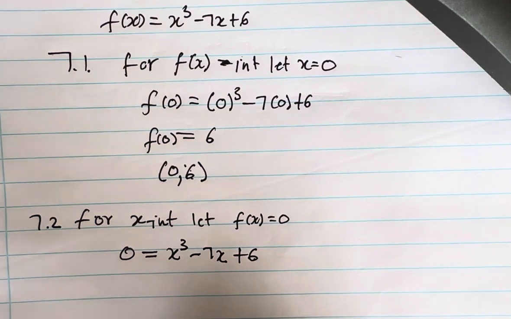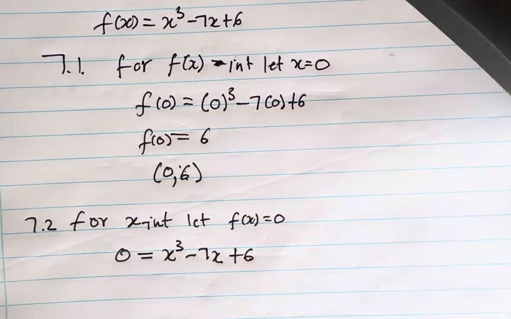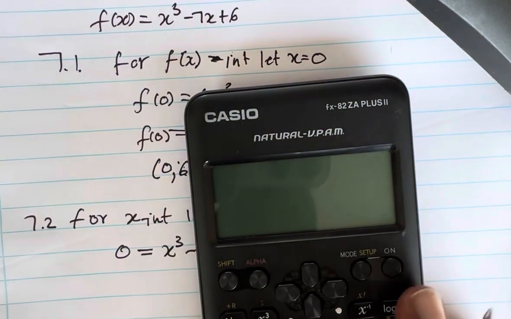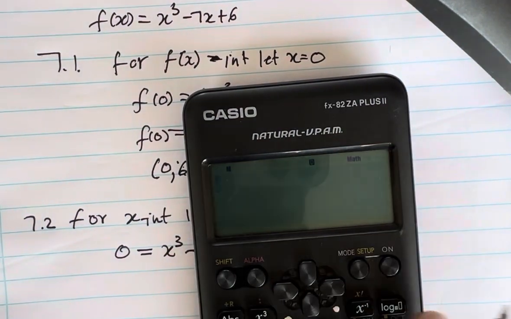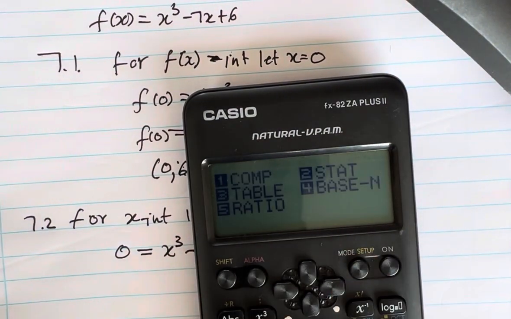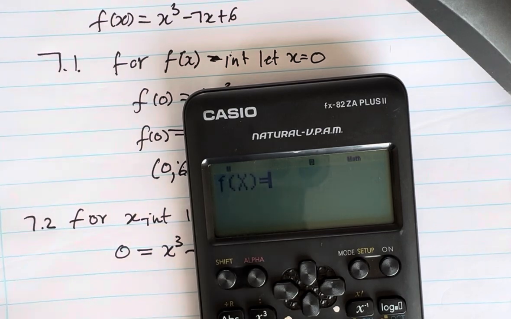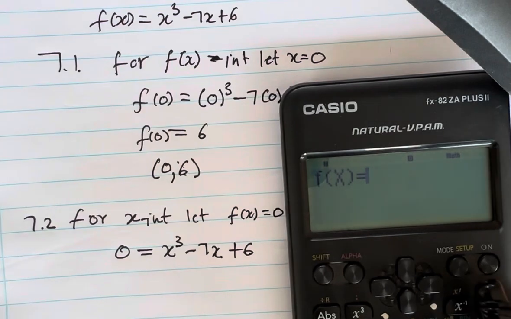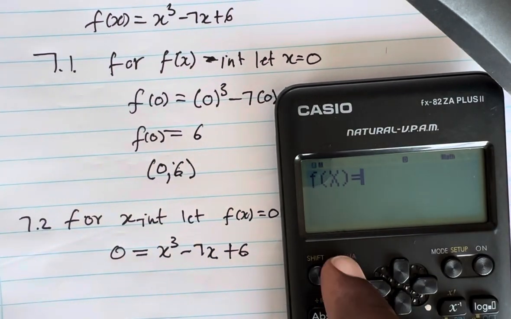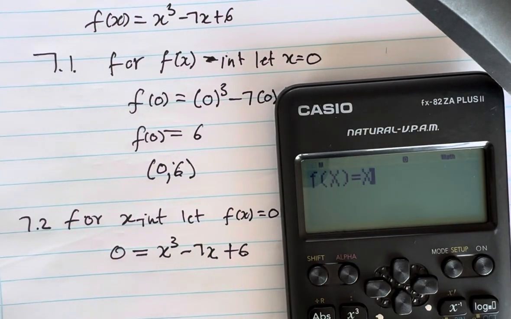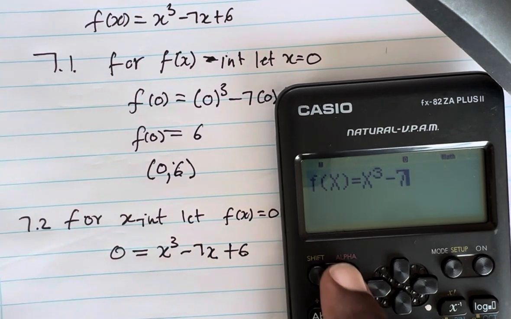In this case, we're just going to look for our factor using our calculator. We say mode, setup, 3 table, and we type our equation as it is: alpha x cubed minus 7 alpha x plus 6.